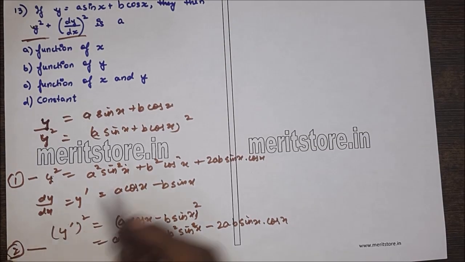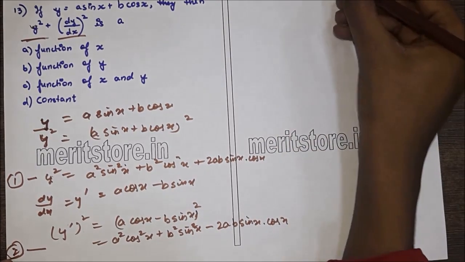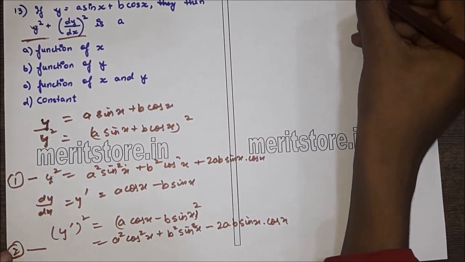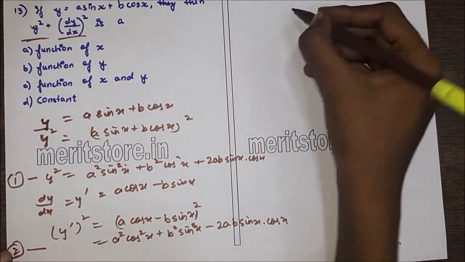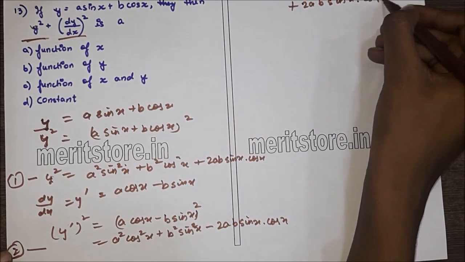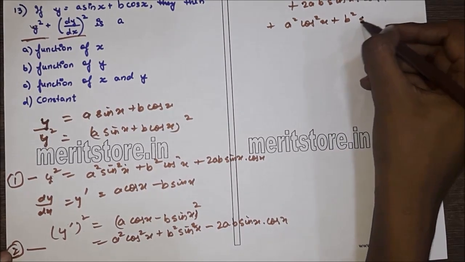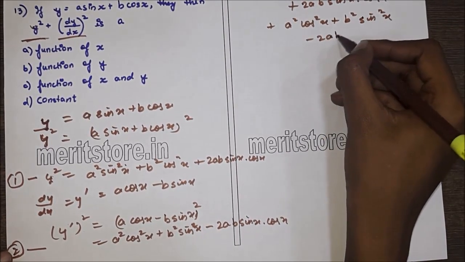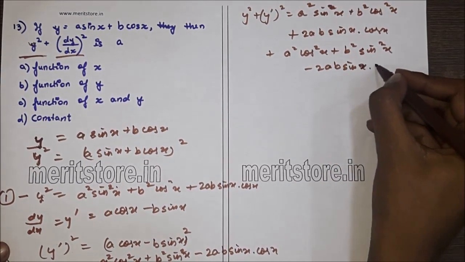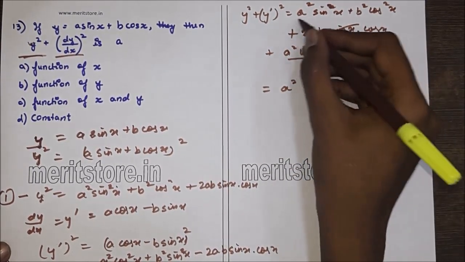So we add equation 1 and 2, we get y square plus y dash square is equal to a square sin square x plus b square cos square x plus 2ab sin x cos x plus a square cos square x plus b square sin square x minus 2ab sin x cos x. This term gets cancelled.